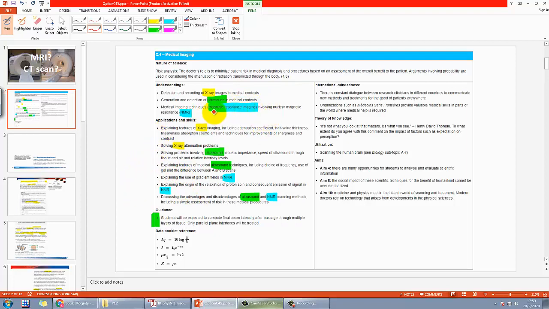In fact, the term magnetic resonance imaging, MRI, is simply using a physical phenomenon called magnetic resonance, I should say nuclear magnetic resonance.